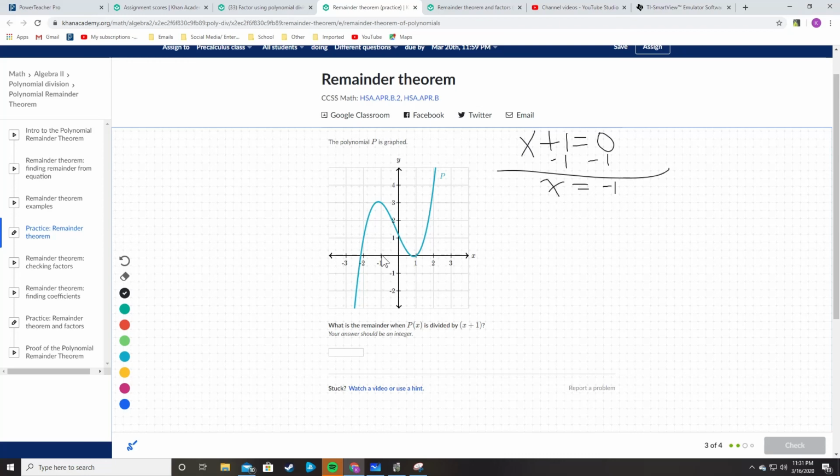So here's negative 1 right here. What y value, what's the output that it points to when we're going to negative 1 on this little curve? So let's go up. We're going to go all the way up. In this case, it looks like when we're at negative 1, we are hitting positive 3 on the graph.